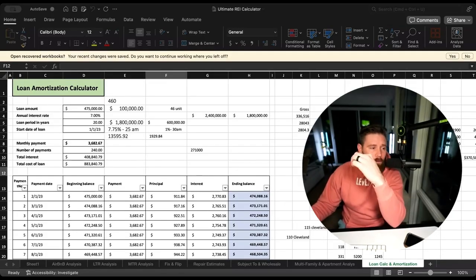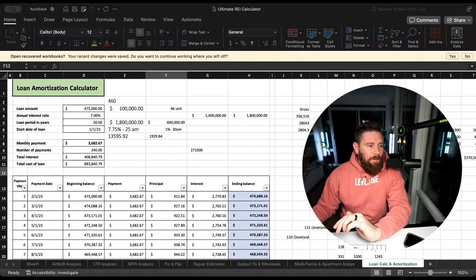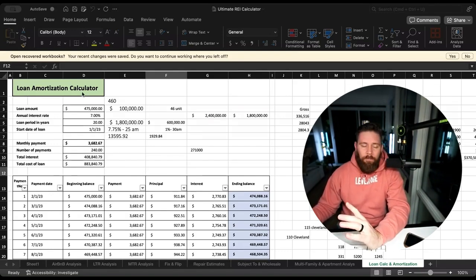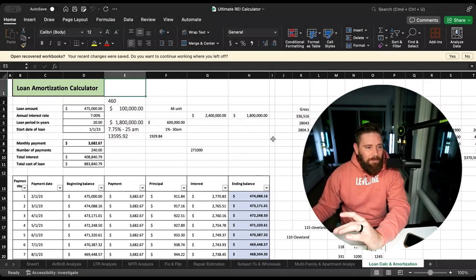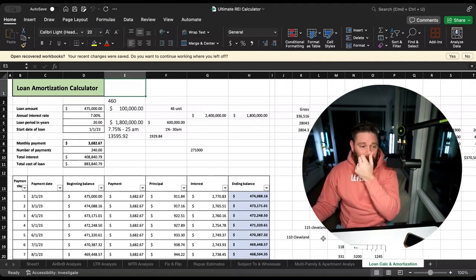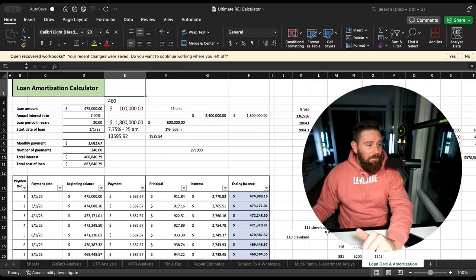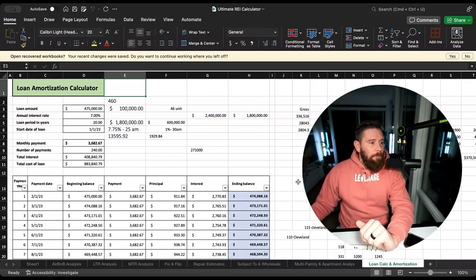All right, so this is my calculator. I don't know how detailed you're going to be able to see it in the video, but all this random stuff over here are some properties that we're actually working on. 115 Cleveland, we're actually under contract now and going to be buying that creatively as well.